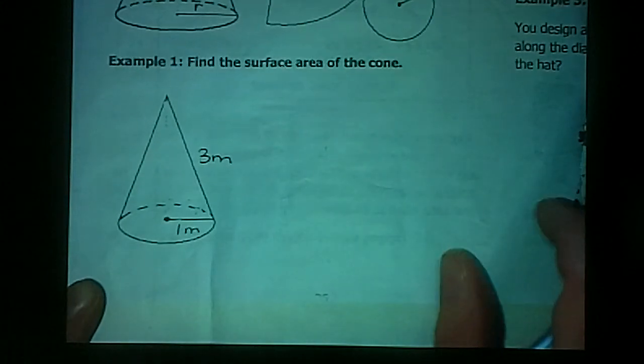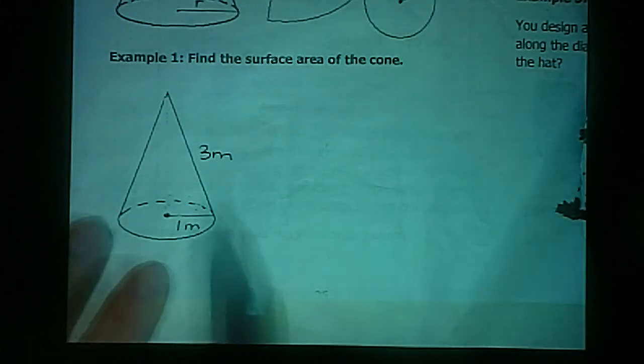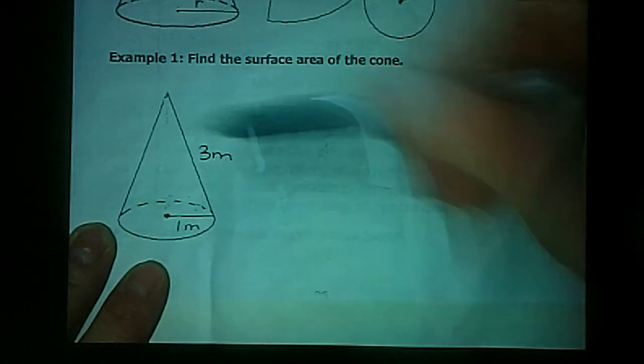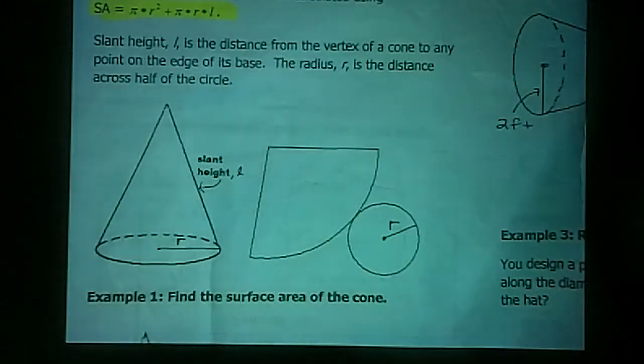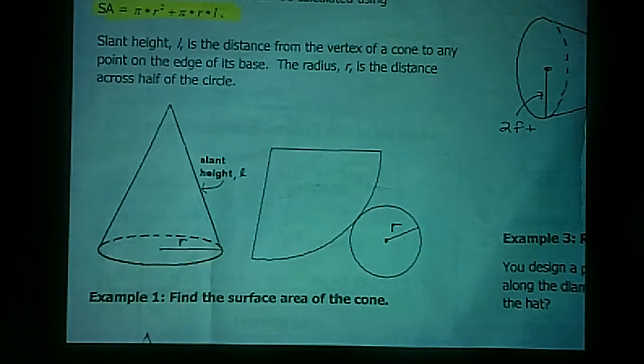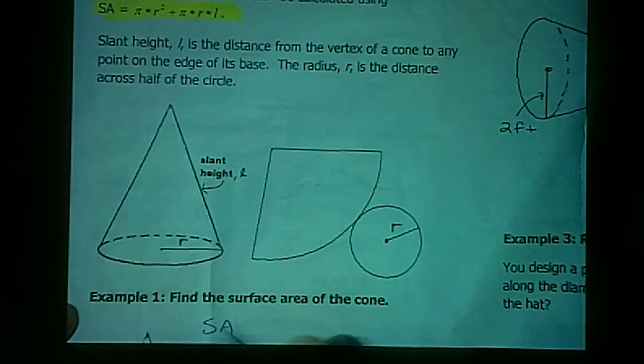In example number 1, I give you a cone. And luck has it that I give you the radius, and I give you the slant height, and I give you the formula. Now, I'm not going to give you the answer. I do want you to work for that one. So, same as usual. Let's write down our formula.